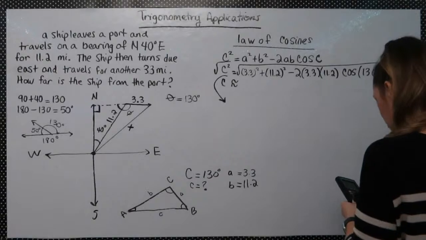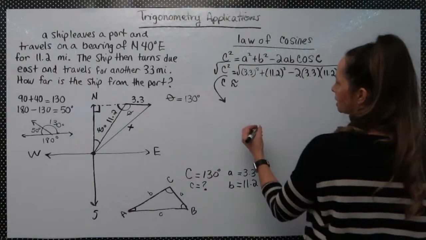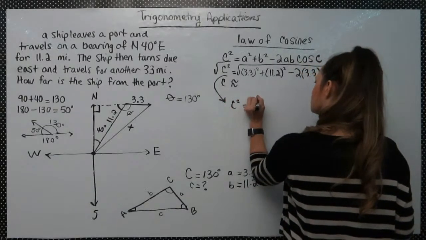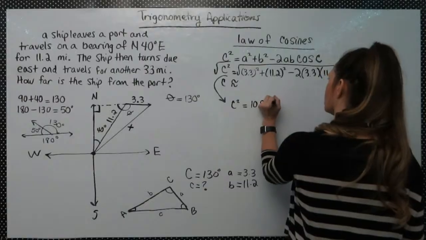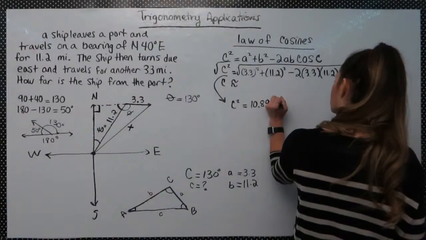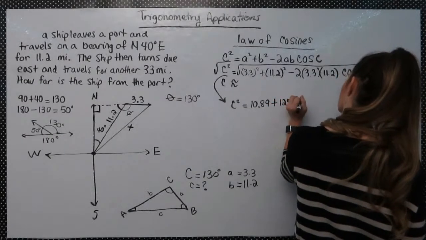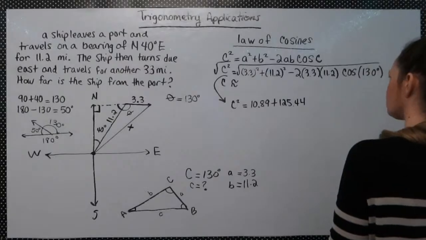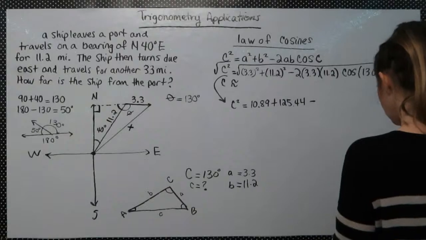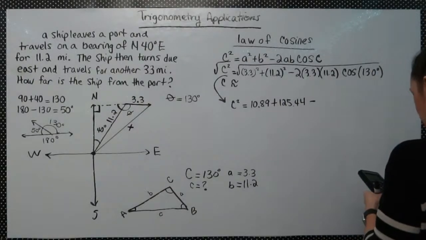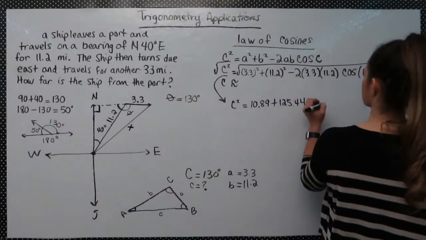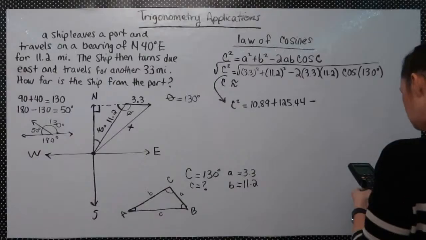So 3.3 squared is 10.89, plus 11.2 squared is 125.44, minus 2 times 3.3 times 11.2, and that's 73.92, times the cosine.